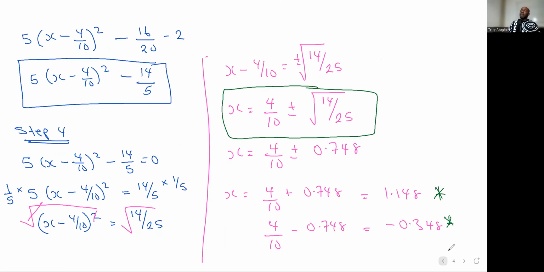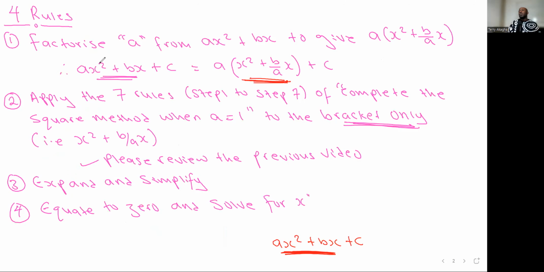So the key thing here to keep in mind is that you have to first factorize the first two terms. Is that okay? So you open the bracket, you divide this by the number here, and that will give you b/a x. Then you solve this as normal, like we did in the last video. Then you keep it up and you get the answer.